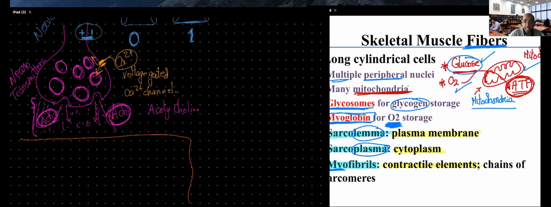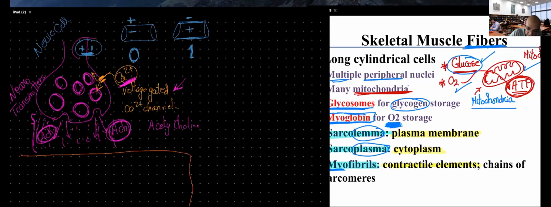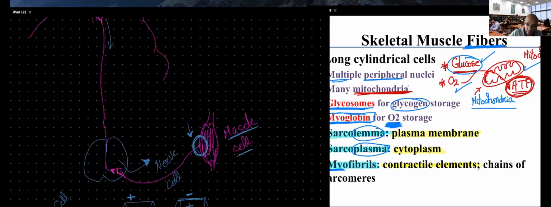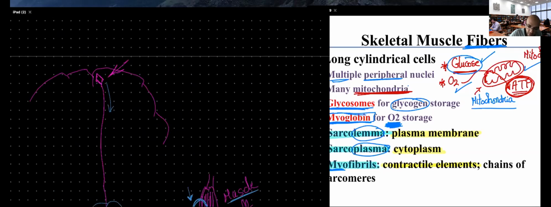Again, what enhances the release of the acetylcholine from your nerve ends is the opening of the voltage-gated calcium channels. And what allows the voltage-gated calcium channels to open is the presence of an electrical signal. And where did you get this electrical signal from? It's coming down from my cerebral cortex.